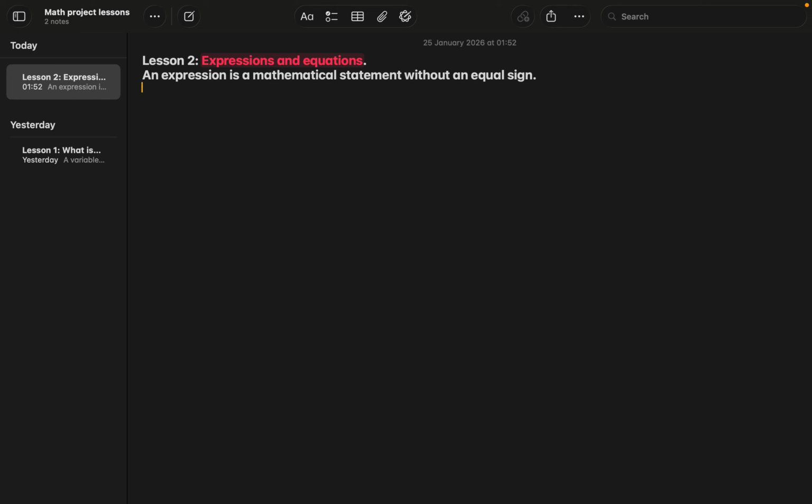So, an expression is a mathematical statement without an equal sign. It shows a calculation, but it does not say what the result must be.